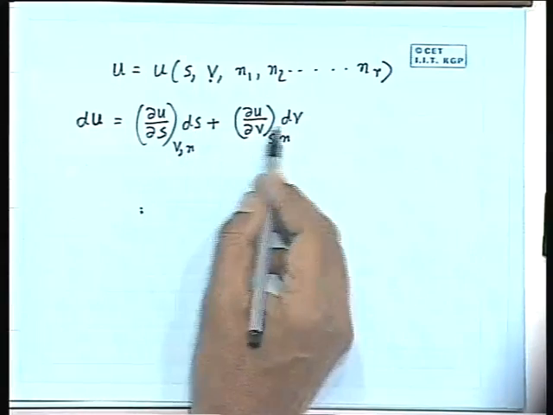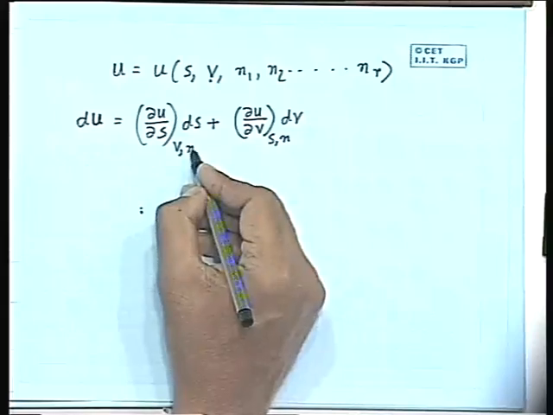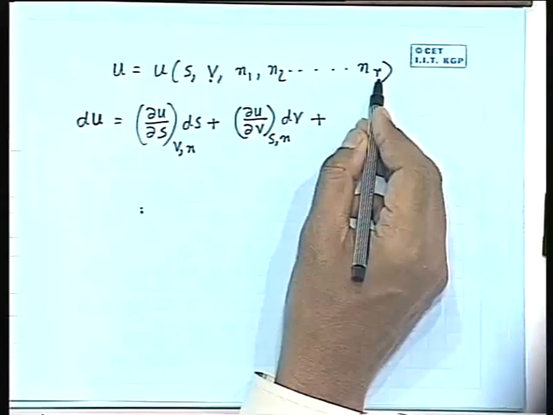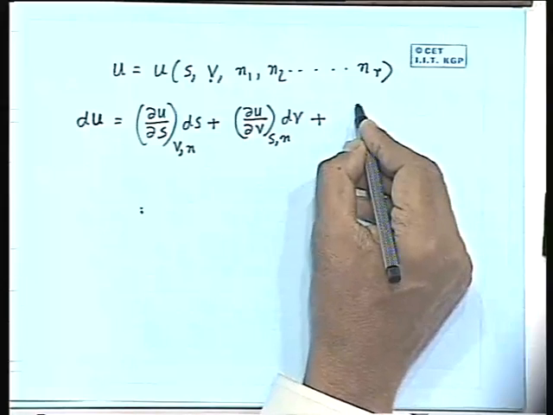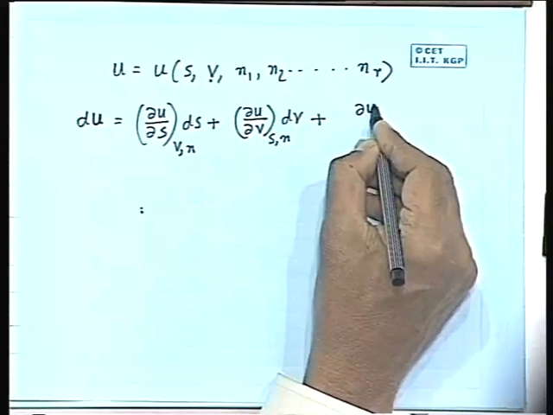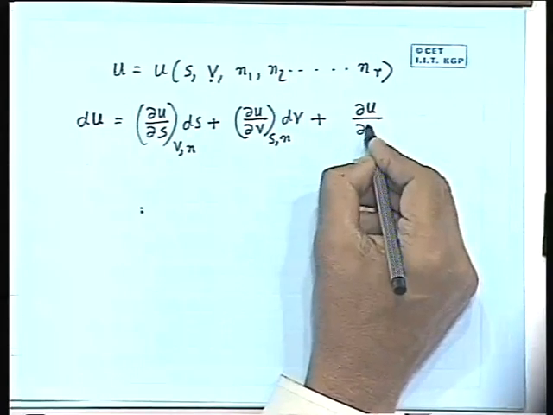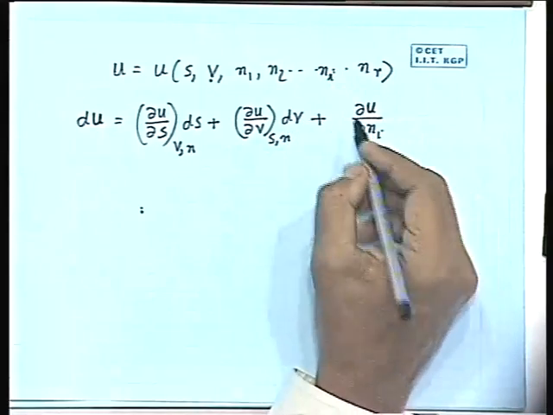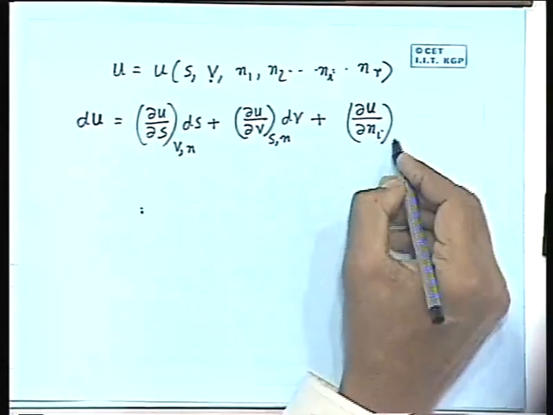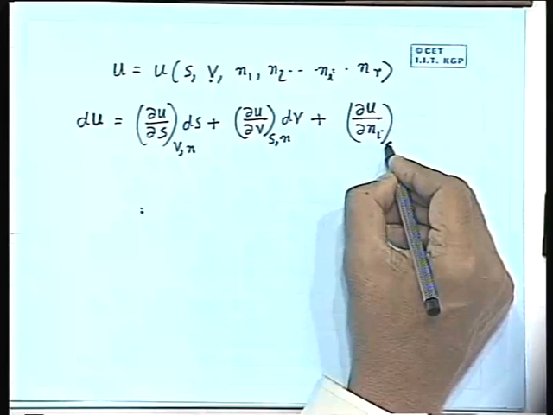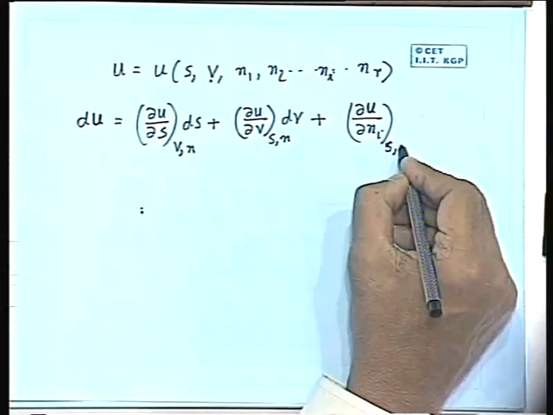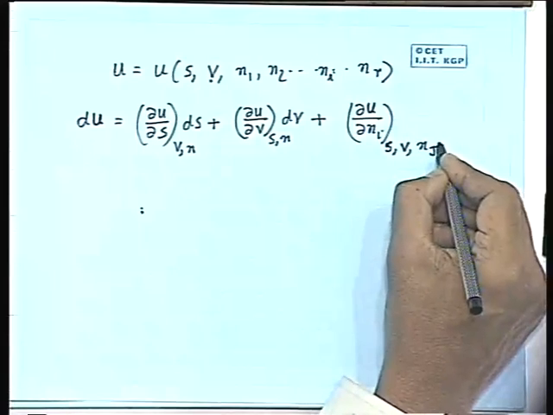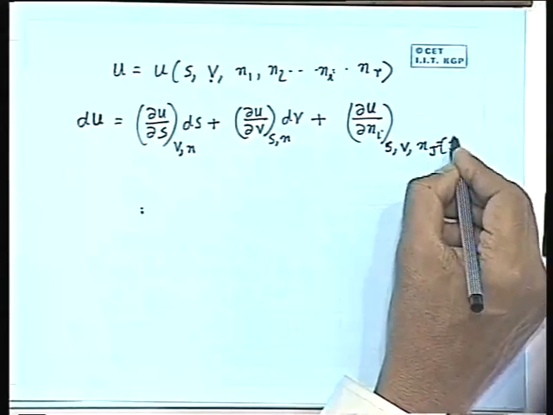If it were a function of S and V only, that would be sufficient and n would not be there. But now there are r numbers of n's. So, therefore, there will be terms like del U del n i, where i is any ith constituent, summed over i, at constant S, constant V and constant numbers of moles n j, where j is not equal to i.